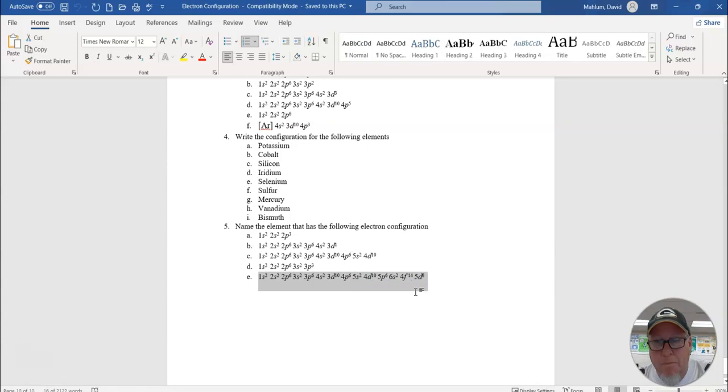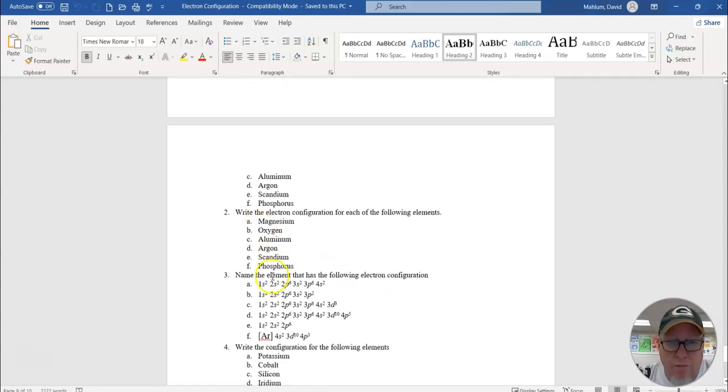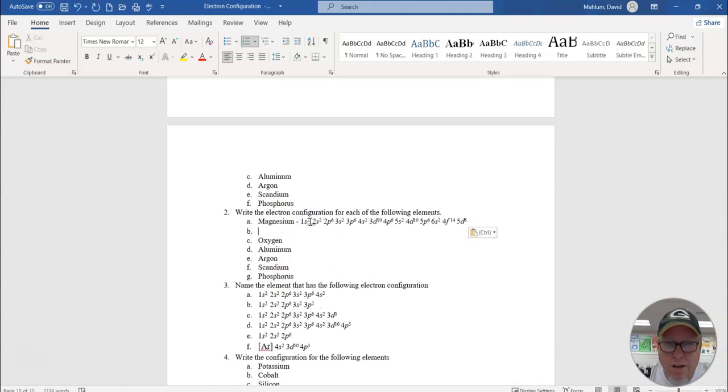If I copy this very long configuration that was there and go back up, let's just pretend for a minute that I want to do these configurations. This is a great test taking strategy where I'm just going to pop that in there. I know magnesium, by looking at a periodic table, has 12 electrons.